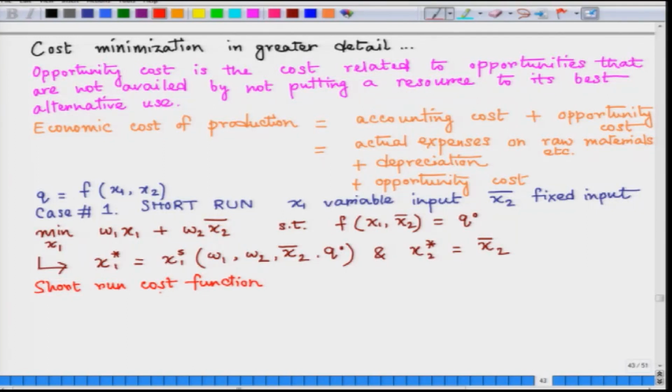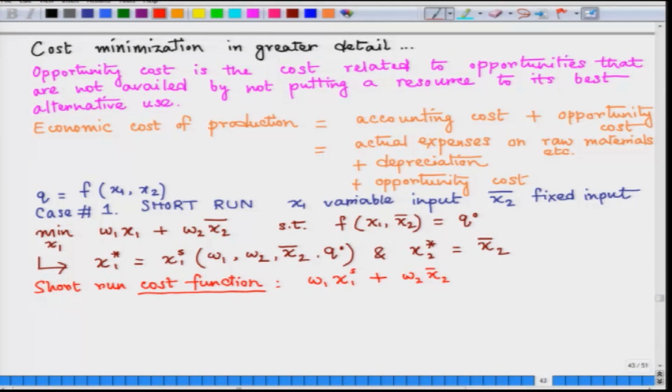A cost function gives the minimized value of cost to produce a particular level of output, and it will be W1 times x S1 and W2 times x2 bar.